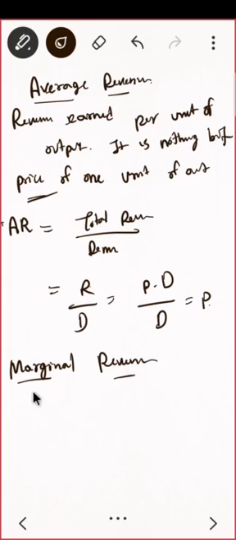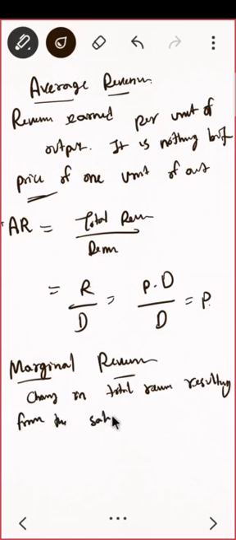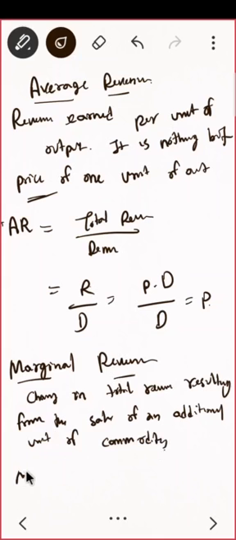Marginal revenue is the change in total revenue resulting from the sale of an additional unit of commodity. Okay. So marginal revenue, say MR, will be the derivative of revenue with respect to D. Correct? If your revenue is in terms of D, you must understand that.